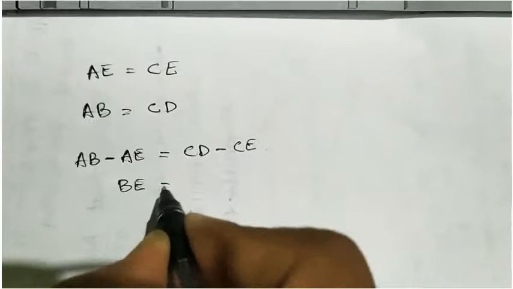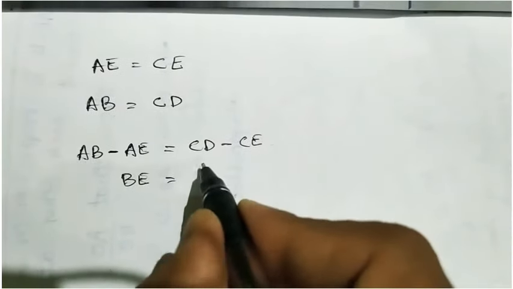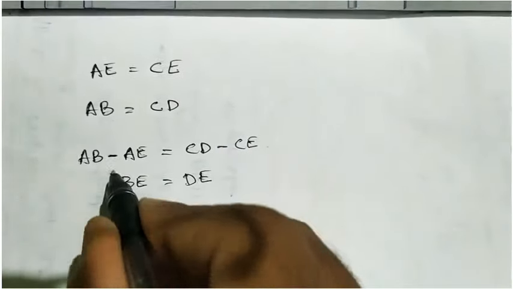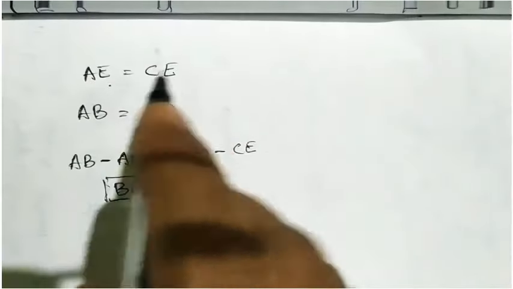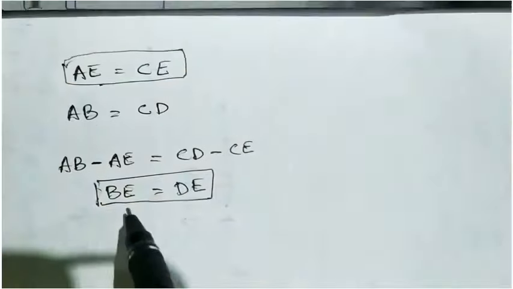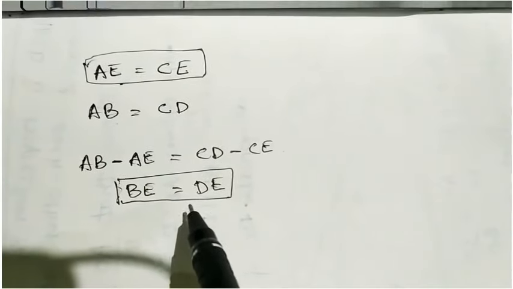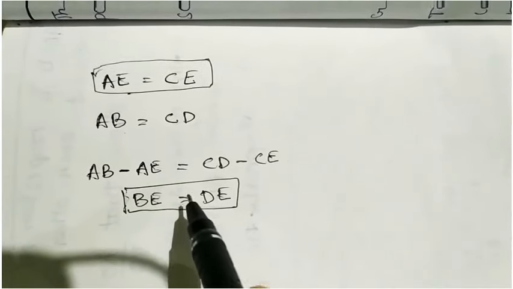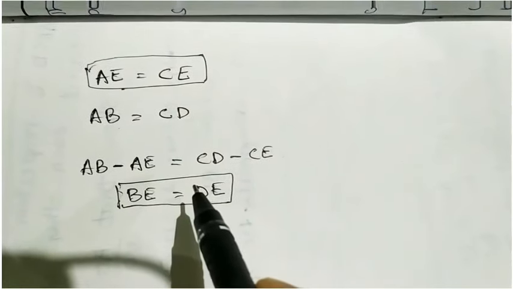BE is left. Similarly, from CD, if you remove CE, what is left? That is DE. So the first equation is AE equal to CE, and the second is BE equal to DE. In shortcut, I told you, you can cross check your answer with the printed notes also.